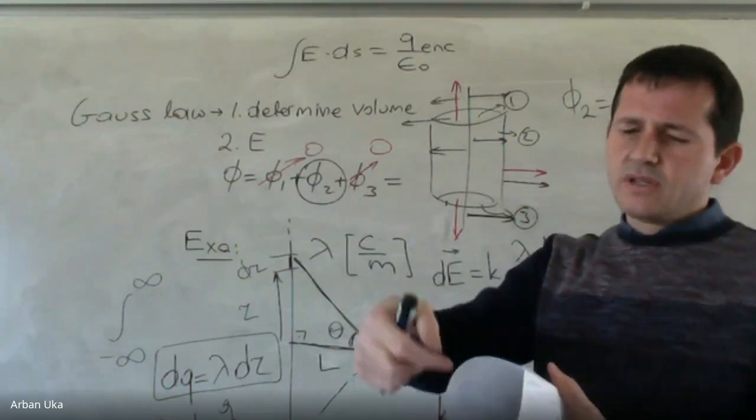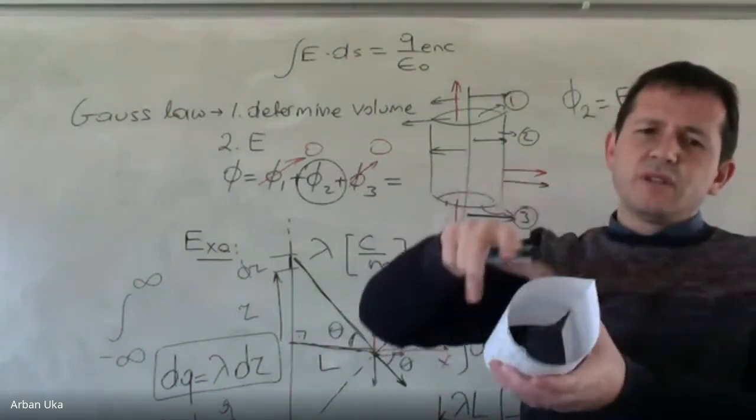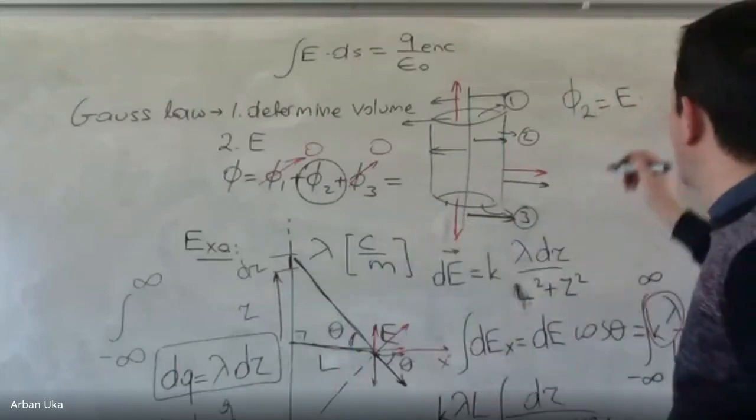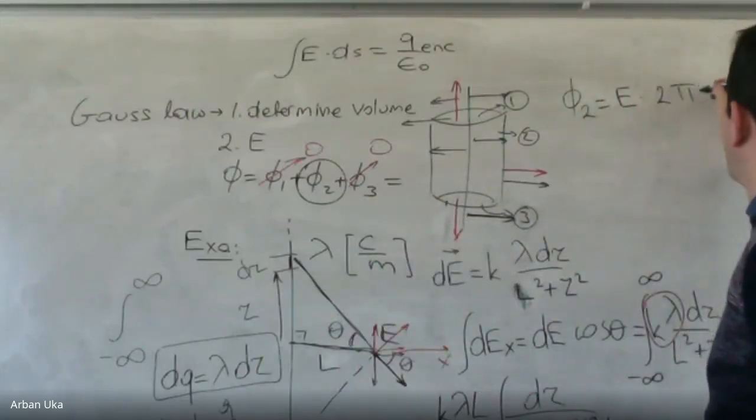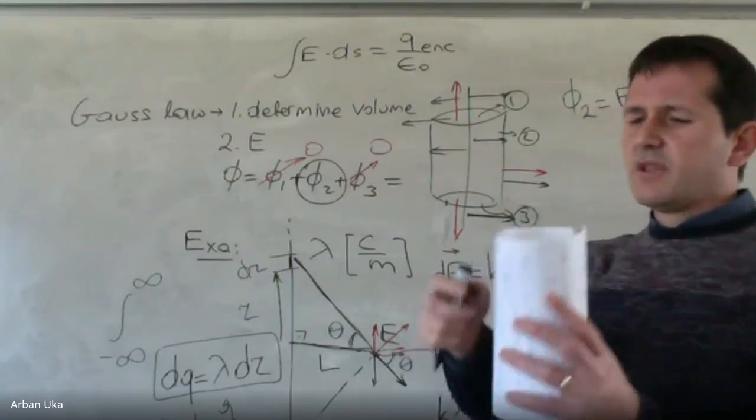If this one has a specific radius, then this perimeter is equal to 2 pi r, times the length of interest.